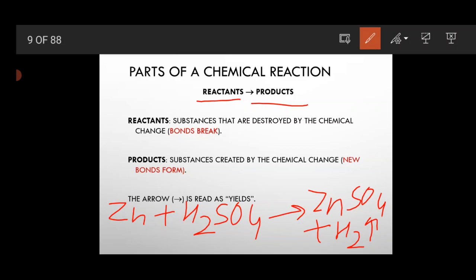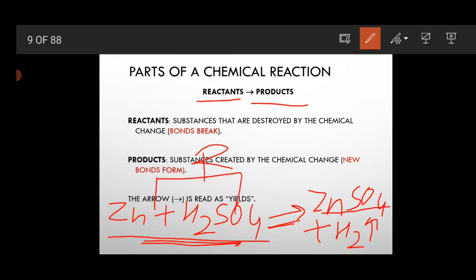The set of compounds present on the left-hand side of the arrow are called reactants, and the set of compounds present on the right-hand side of the arrow are called products.